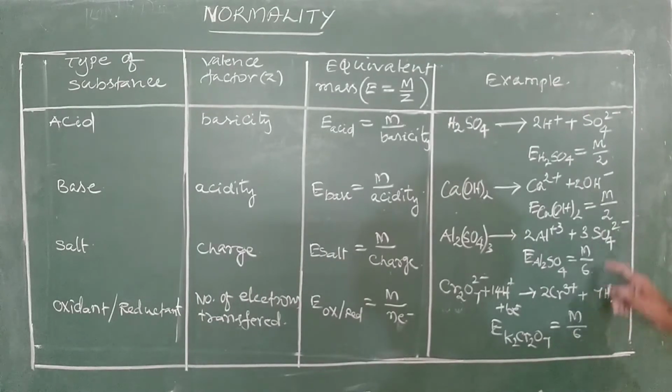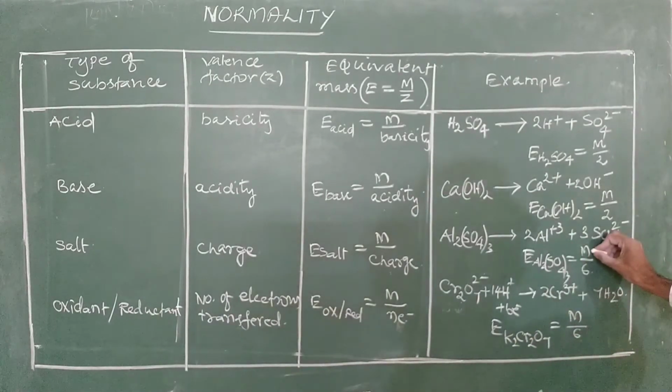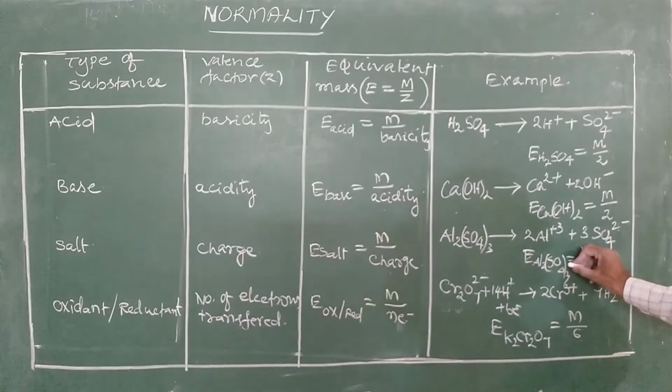Now by dividing the molecular mass of aluminum sulfate, 342, by 6, the total positive or negative charge, you will get the equivalent mass.